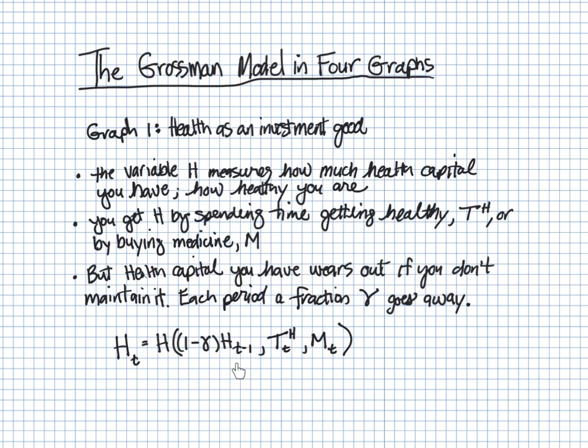It's a function of how healthy we were yesterday, health capital at period T minus 1, how much time we're spending today making ourselves healthy, and how much medicine we're buying today. Right, so notice that we don't get to maintain all of our health from the previous period. So the health that we had yesterday, we only get to keep 1 minus gamma of this health capital.